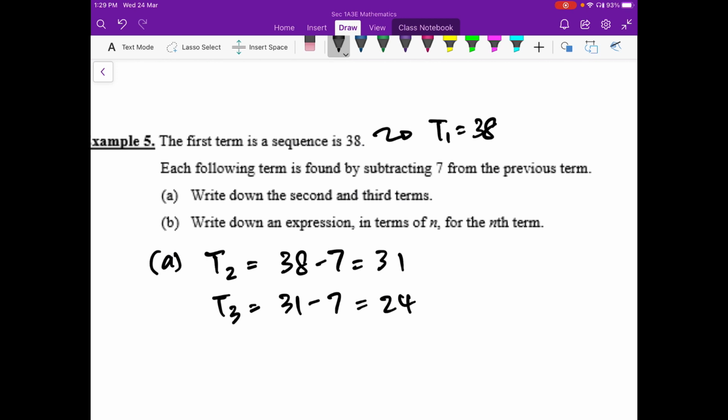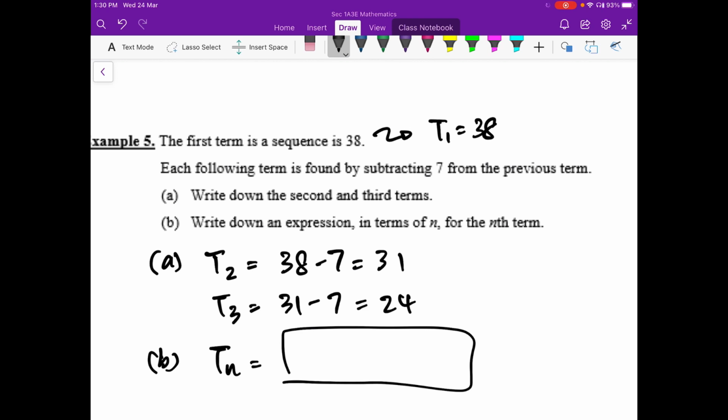Now write down an expression in terms of n for the nth term. Tn equals to. This is a similar question that I asked you yesterday as part of your homework. I gave you a sequence, I think it was 8, 13, 18, 23, 28, and so on and so forth.